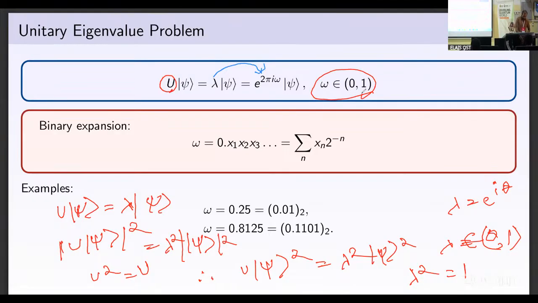And the other thing is, I guess you already know that any number within 0 to 1 can be transformed to a binary form like 0 point, some binary sequence of numbers.